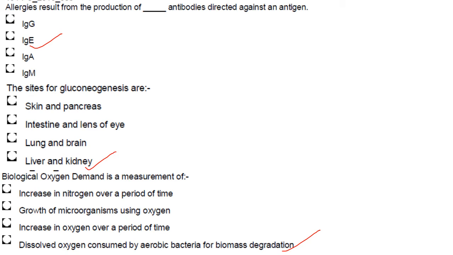BOD is the oxygen required by microorganisms to completely metabolize organic waste or organic matter present in water. So the answer is option D, dissolved oxygen consumed by aerobic bacteria for biomass degradation.